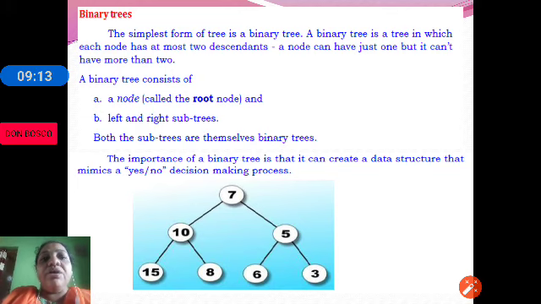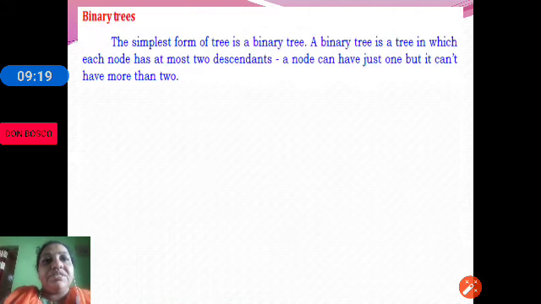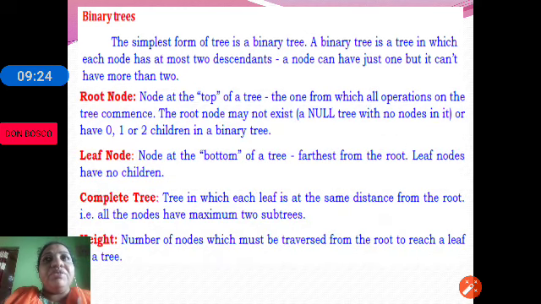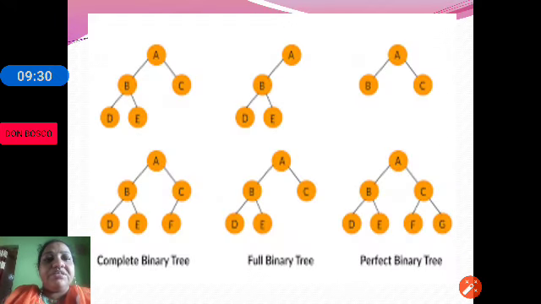Such a tree is called a binary tree. You can see some of the examples here which we will be discussing in the next topic. So these are some of the binary trees, a tree which has child nodes from 0 to 2.